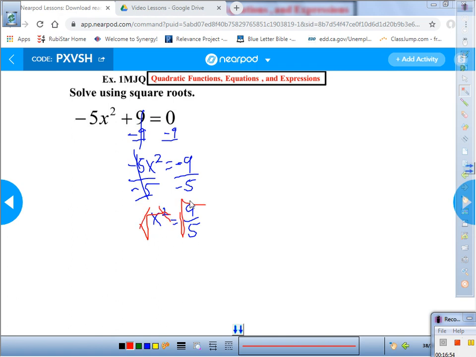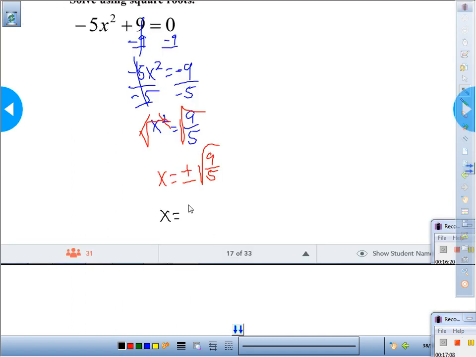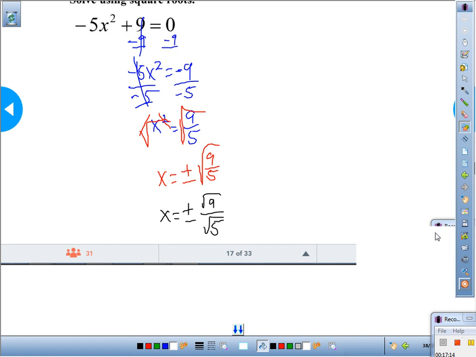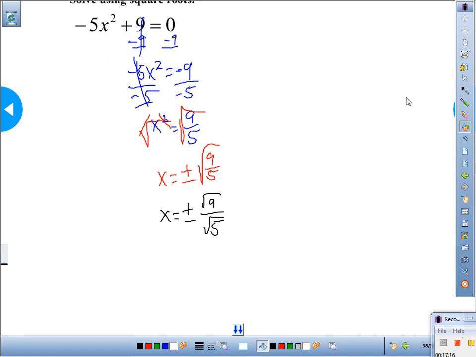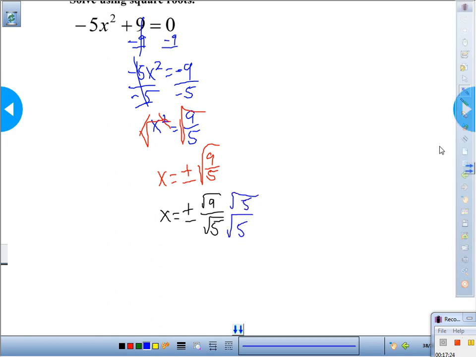Does this look familiar? X equals plus minus square root of 9 over 5. Can we leave it like that? No. X equals plus minus square root of 9 over square root of 5. Am I done? No, we need to rationalize the radical. So that means we need to multiply times square root of 5. My bad. I skipped a step.